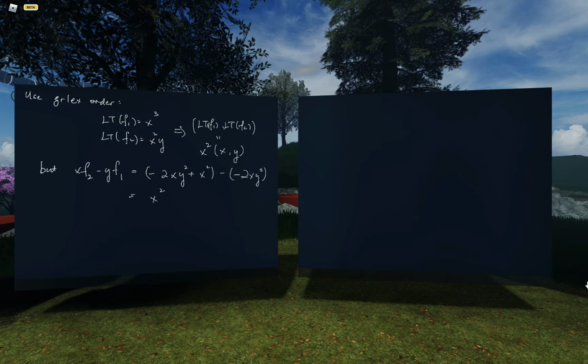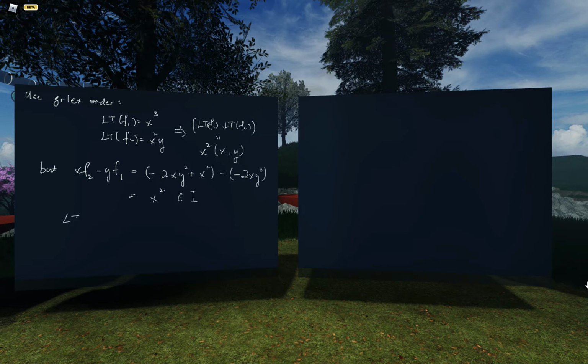Because we're using R-linear combinations of F1 and F2 put together, you're going to get an element of I. You're still in the ideal generated by F1 and F2. And so LT of this element is the same: x squared, there's only one thing there.